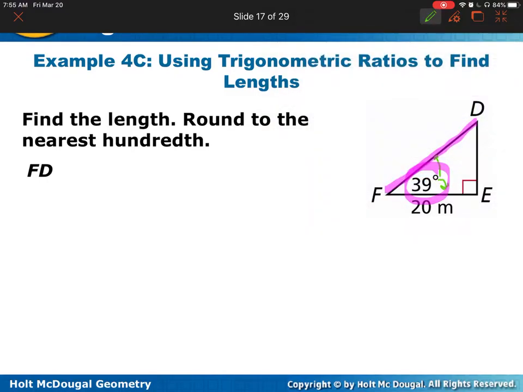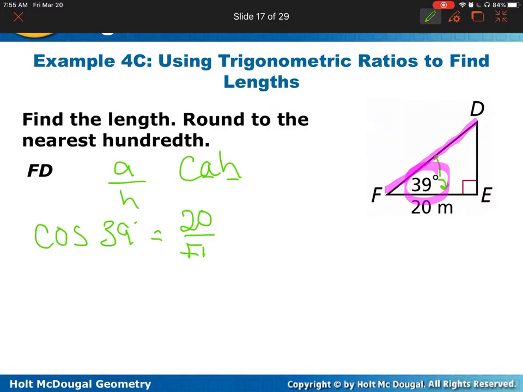So if we have adjacent and hypotenuse, adjacent over hypotenuse. So hopefully you would remember SOH CAH TOA. So that would be our cosine of adjacent over hypotenuse. So we have the cosine of 39 degrees equals 20 over FD.